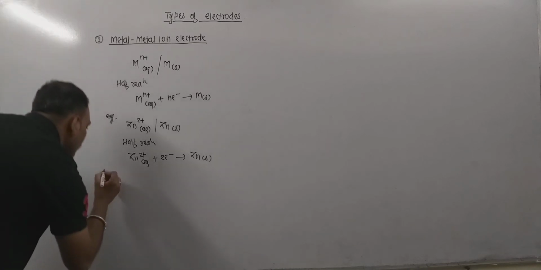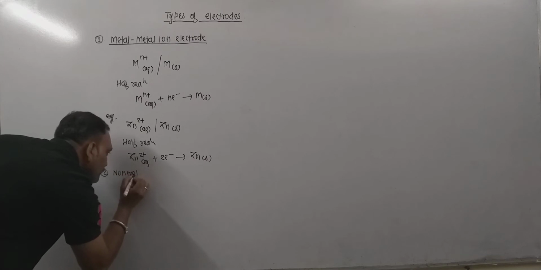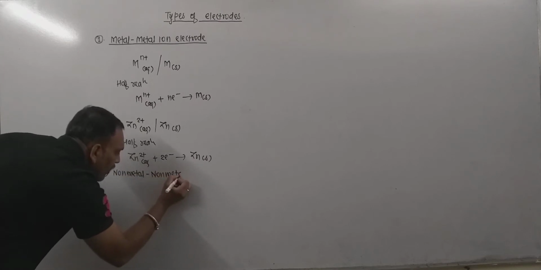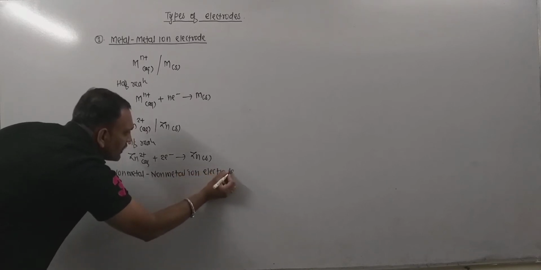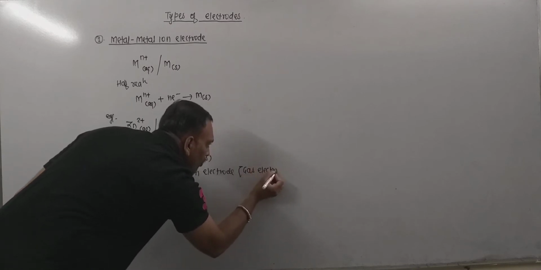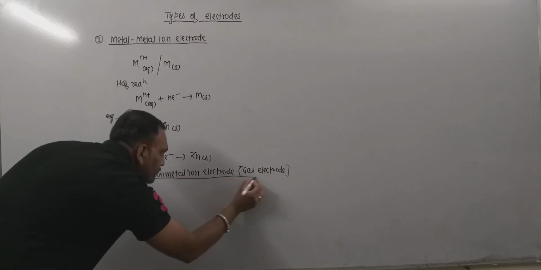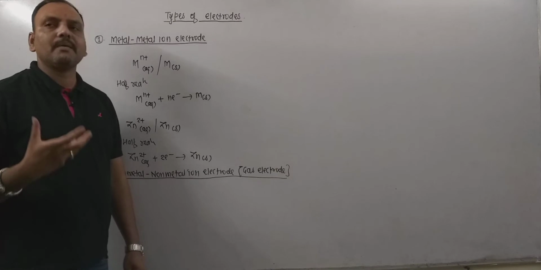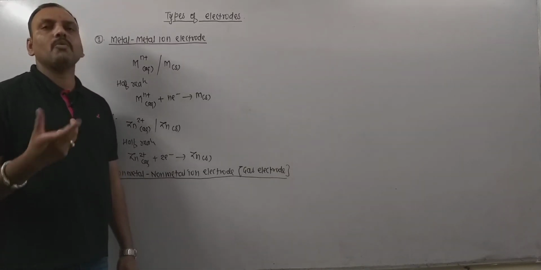Now, the second variety is the non-metal ion electrode, which is popularly known as the gas electrode. Now, in this type of electrode, remember we need to use an inert metal like platinum to carry electrons from one part to another.